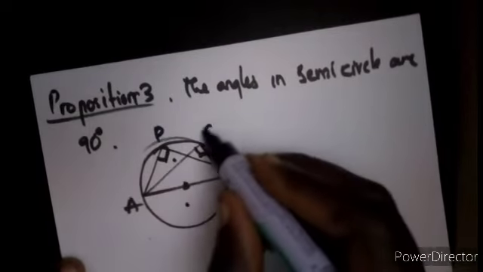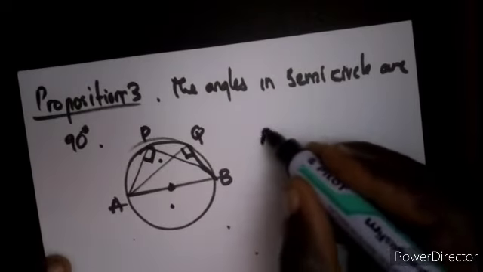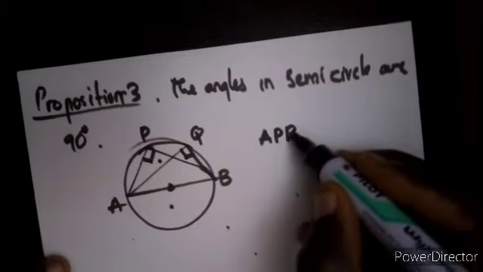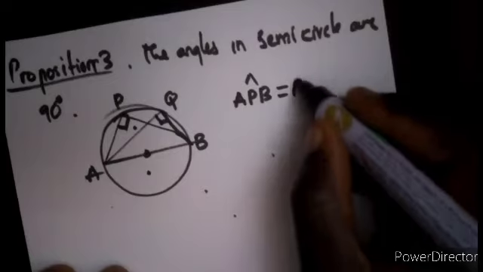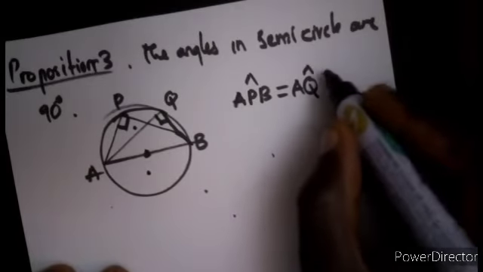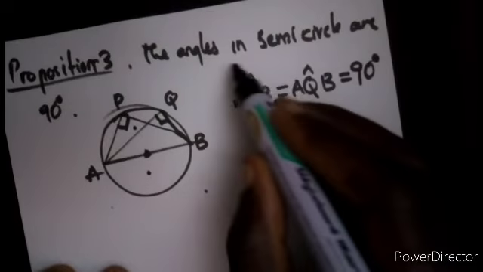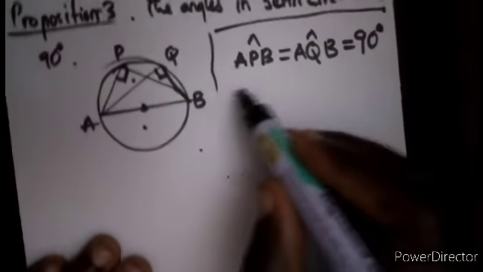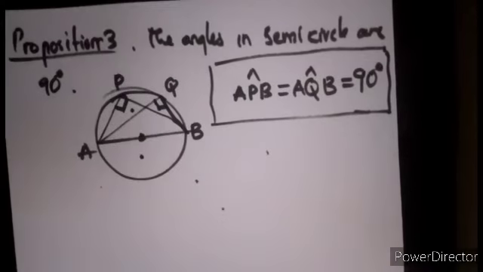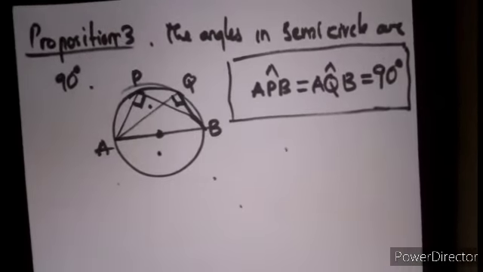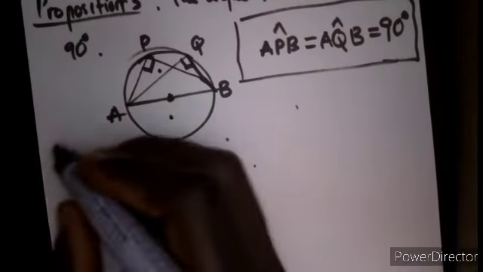Let me call this P and Q. We are saying that angle APB is equal to angle AQB, and they are all 90 degrees. That is what proposition 3 tells us, that these two angles are both 90 degrees. Proposition 4.